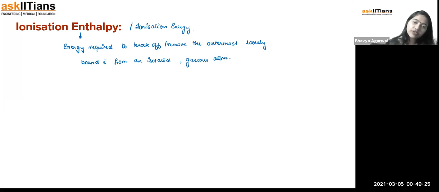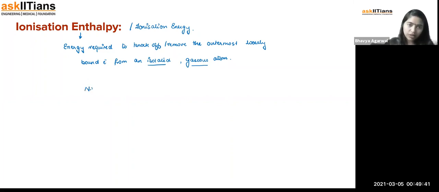Just like electron affinity, I need the element to be present, first of all, in an isolated state. That means a single atom should be there, and that atom needs to be present in the gaseous state, right?